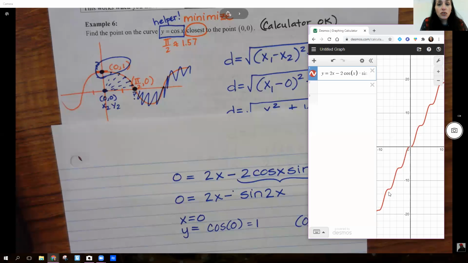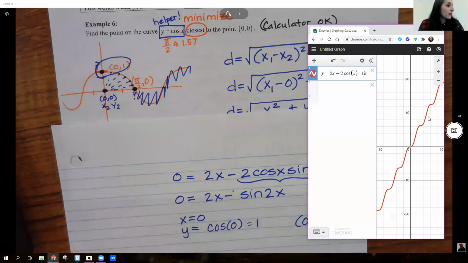That means that your slope is going to be negative. And then your y values to the right of the y-axis are positive. So that means your slopes are then positive.